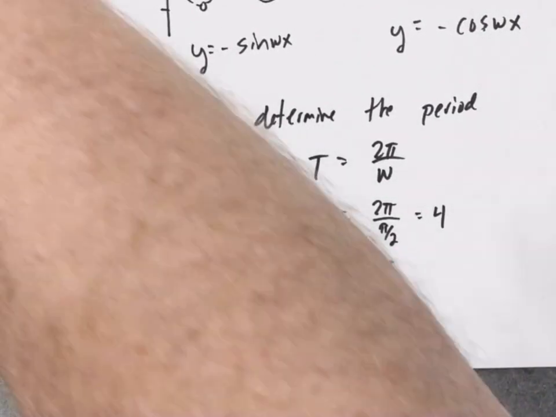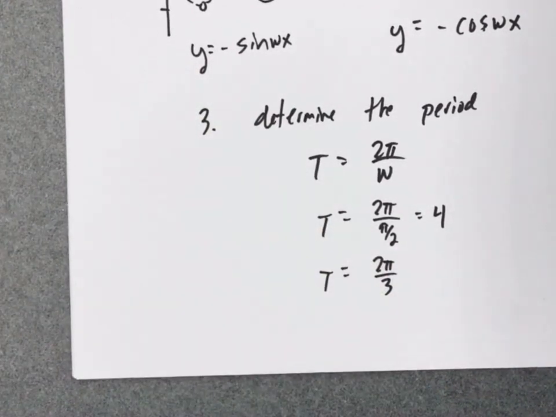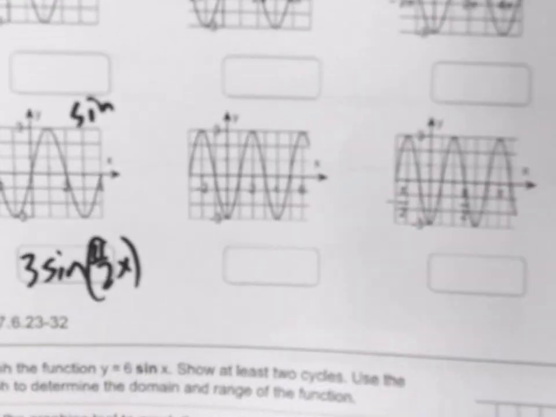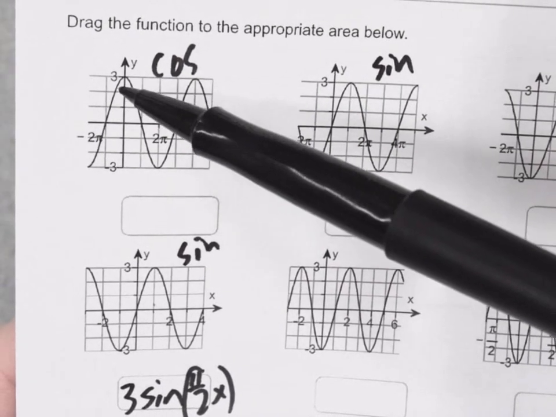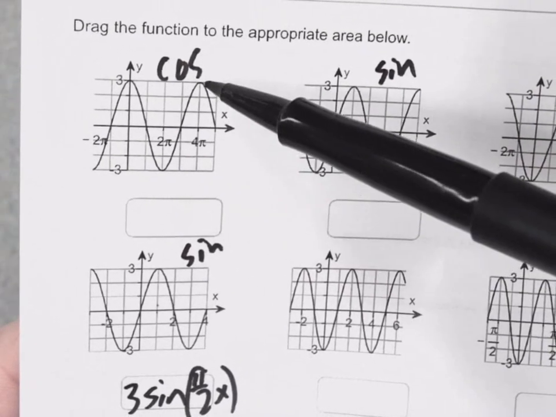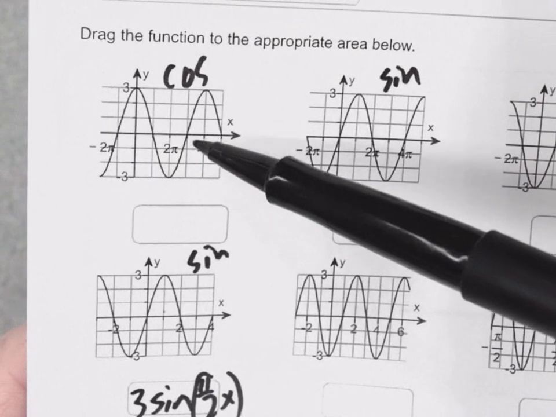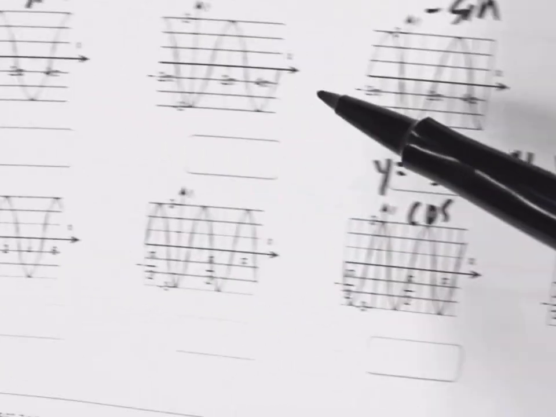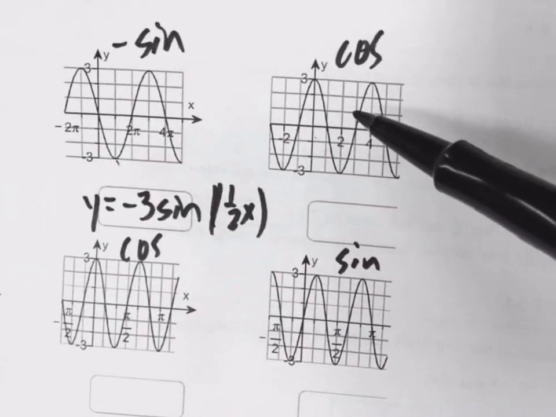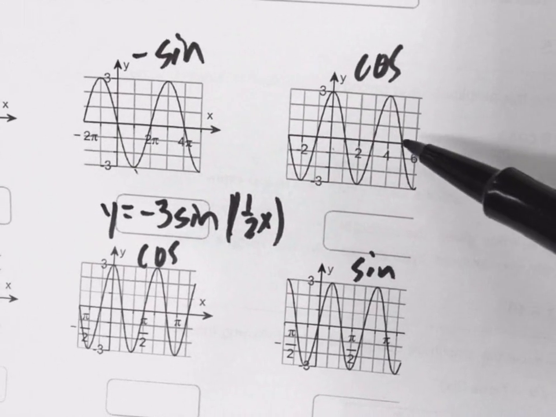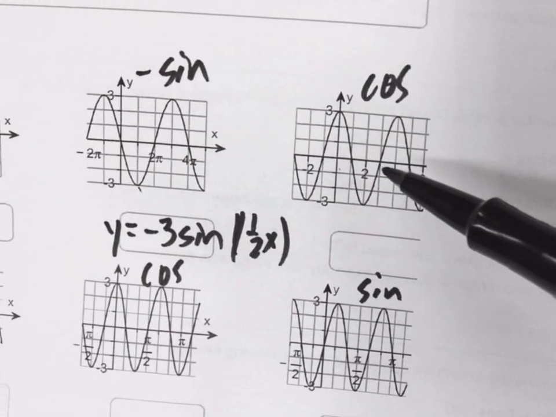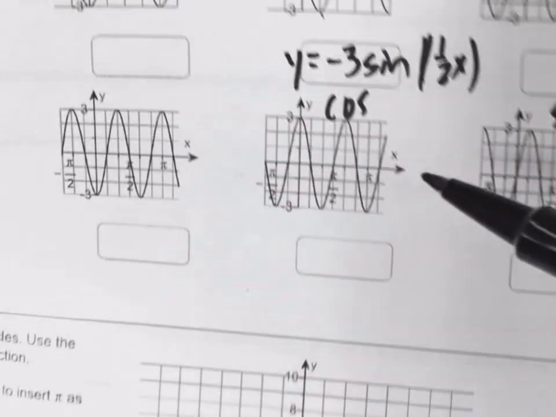So I'm going to look at these 3 cosine graphs and see if the period is 2 pi over 3. So this one starts up here, it goes down, it goes back up. It looks like the period's 4 pi. So it's definitely not that one. This one starts up here, looks like the period's 4. So there's only one left.